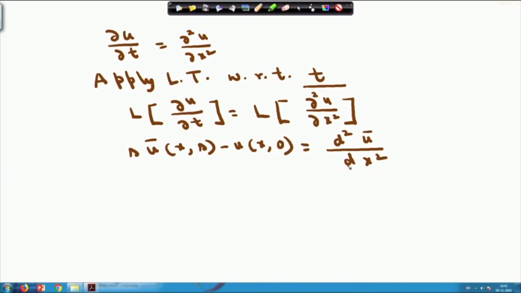Now, according to the condition, it is given that u(x, 0) is 1 plus sin pi x, and x lies between 0 and 1.